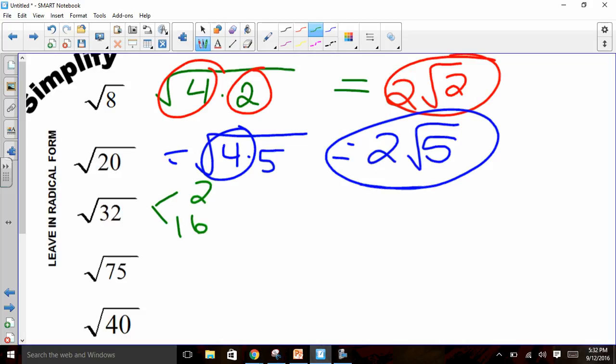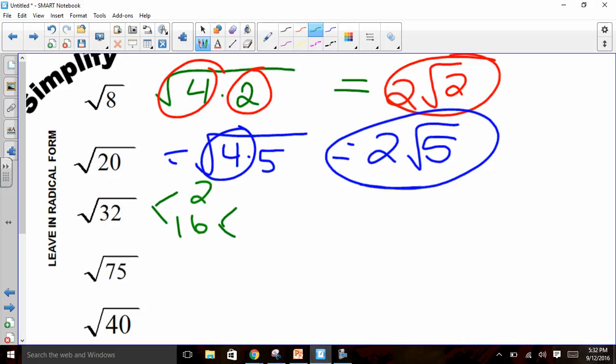Numbers that you can only get by multiplying that number by 1. So for example, I have 2 and 16. 2 can only be multiplied by 2 times 1. That's the only way you can get to 2. But 16, you can have multiple things multiplying to 16, right?